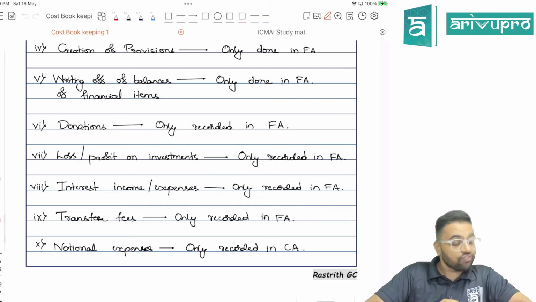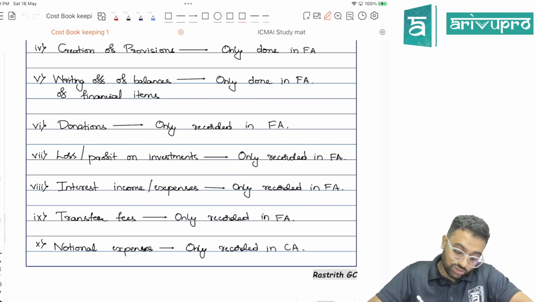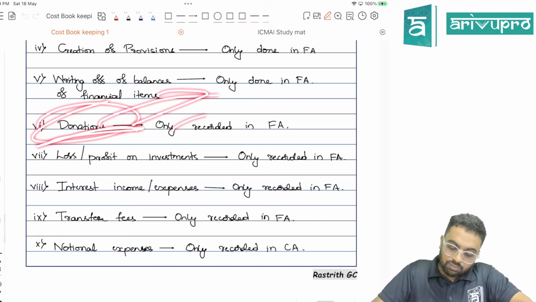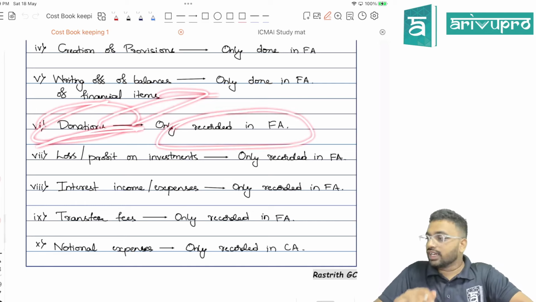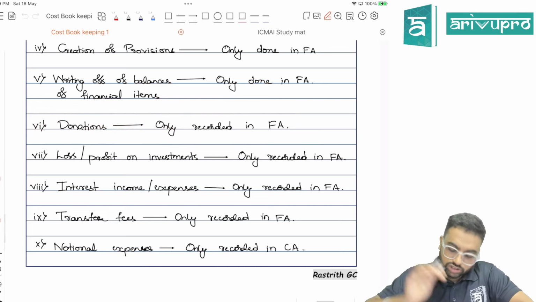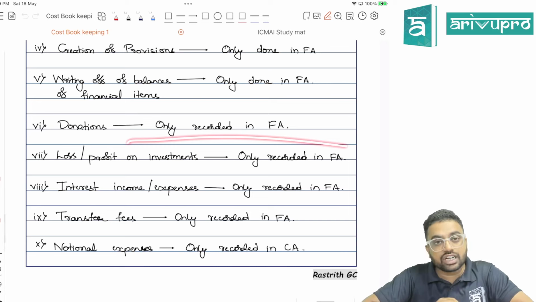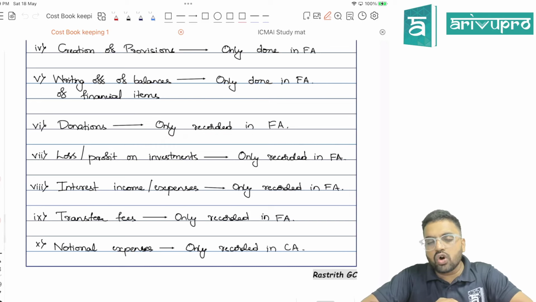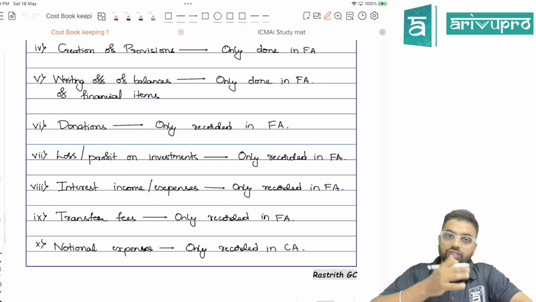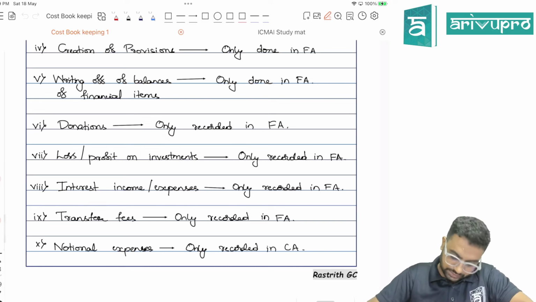Of course no. So this donation is other expenses. It won't come in the cost books, but it is a cash outflow. Cash outflow means expense, and an expense should be there in the financial accounts. So this is one more reason for the difference between financial accounting and cost accounting profits.